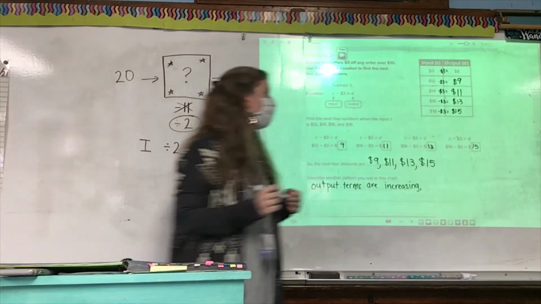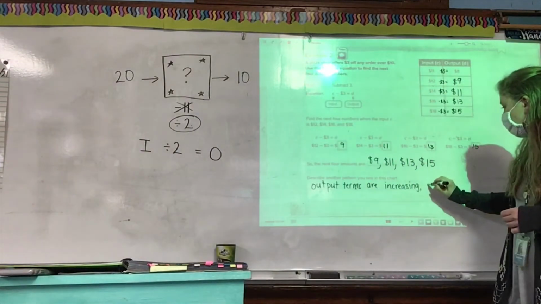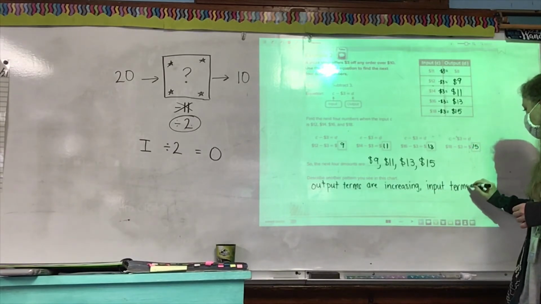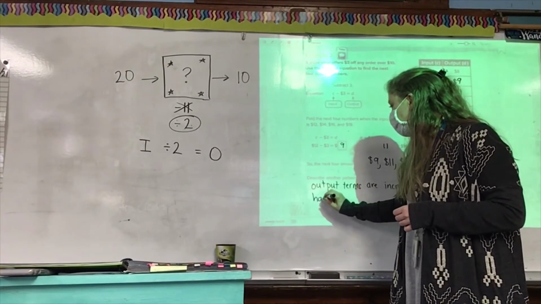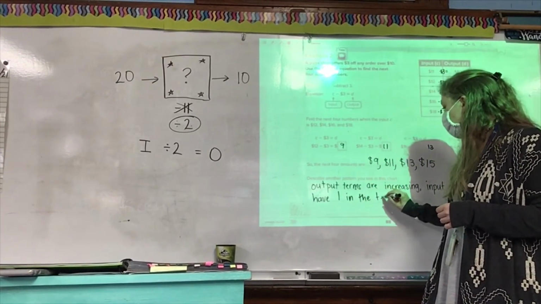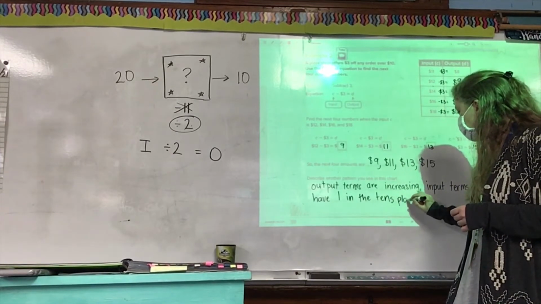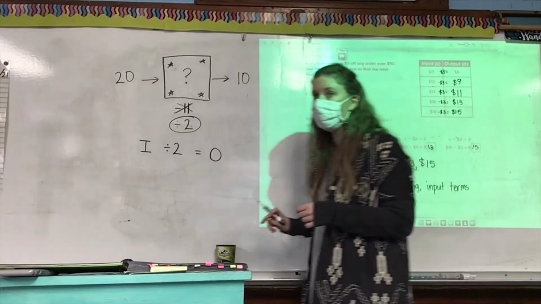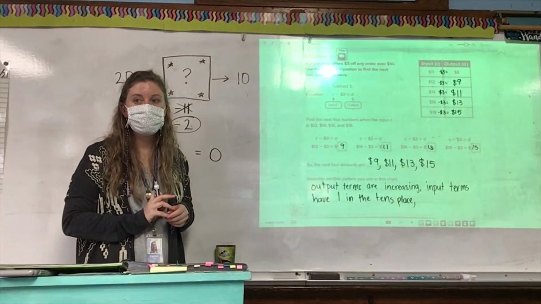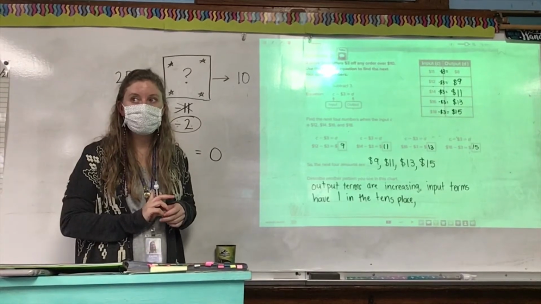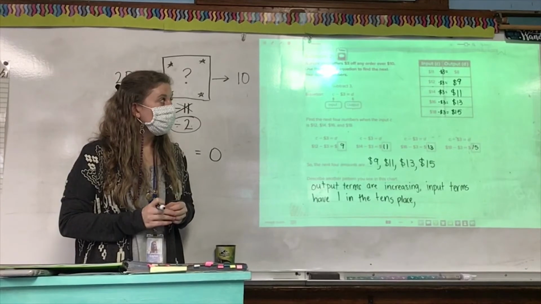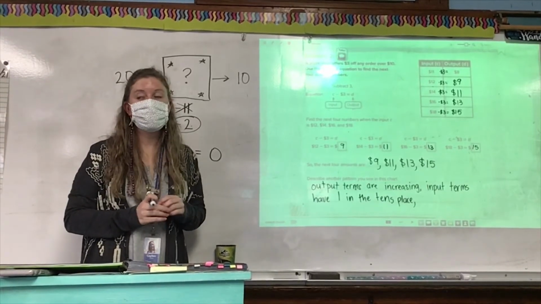Okay, so input terms have 1 in the tens place. I wanted to know if this actually counted, but you don't have to write it down. In the first one it goes odd, even, and then the rest it goes even, odd, even, odd, even, odd, even, odd. Do you mean from input to output?